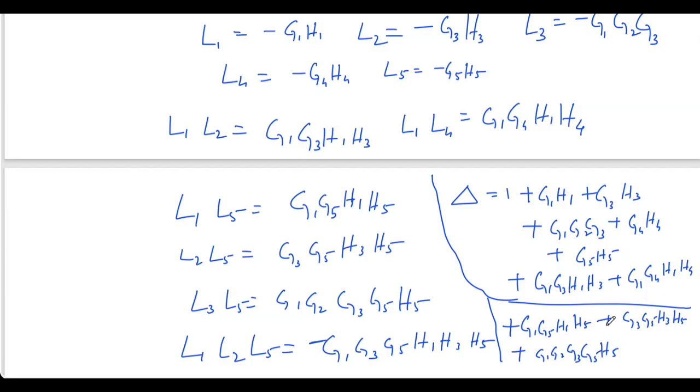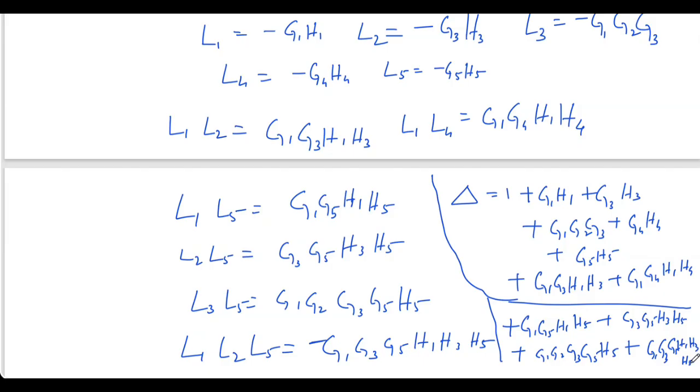Then I'll have to subtract the product of three; minus of minus will be plus, so G1 G3 G5 H1 H3 H5. So this is delta.